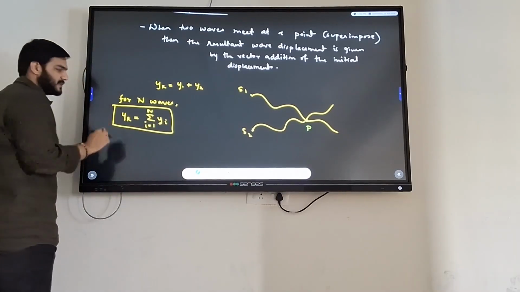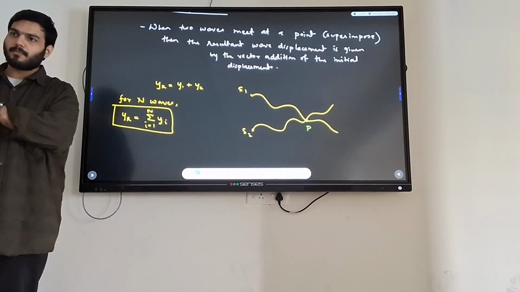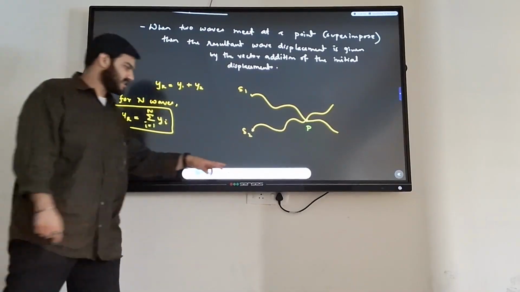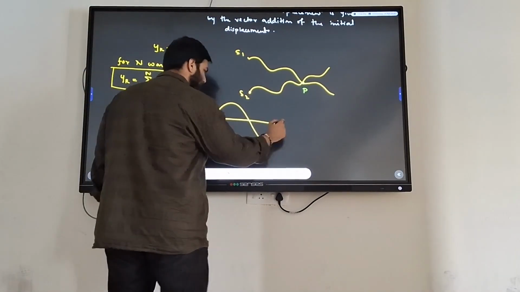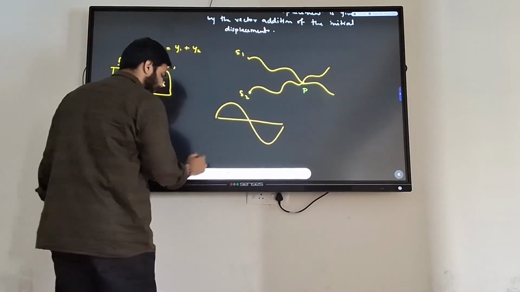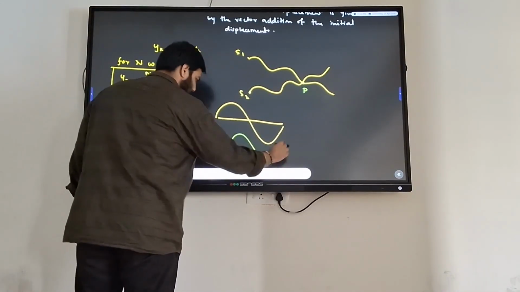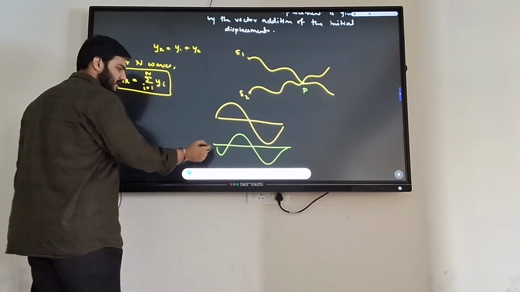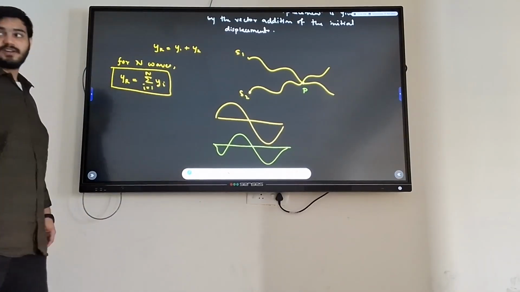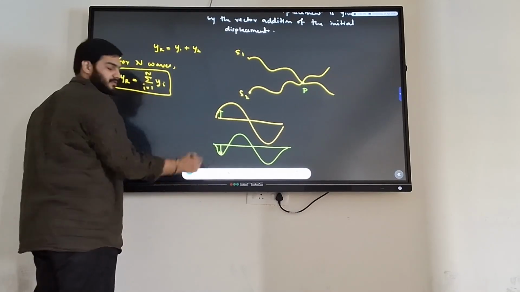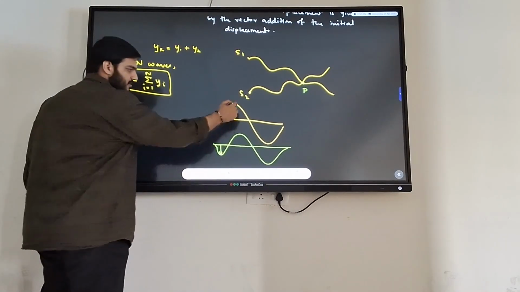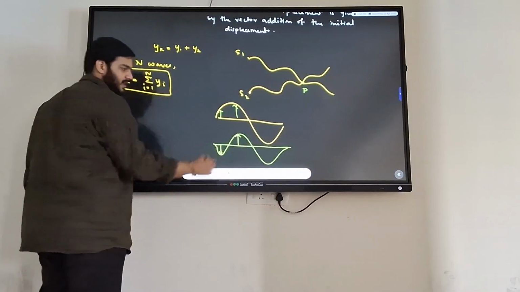Acha, when the displacements add, they add at all points. No? Please understand this. They are not adding only for one particle. If I have a wave like this, and I have another wave which is like this, now tell me, where should the displacements add and where should they subtract? Can you see this? Here there is up, here there is down. What will happen? Subtract. Here there is up, here also up. What will happen?